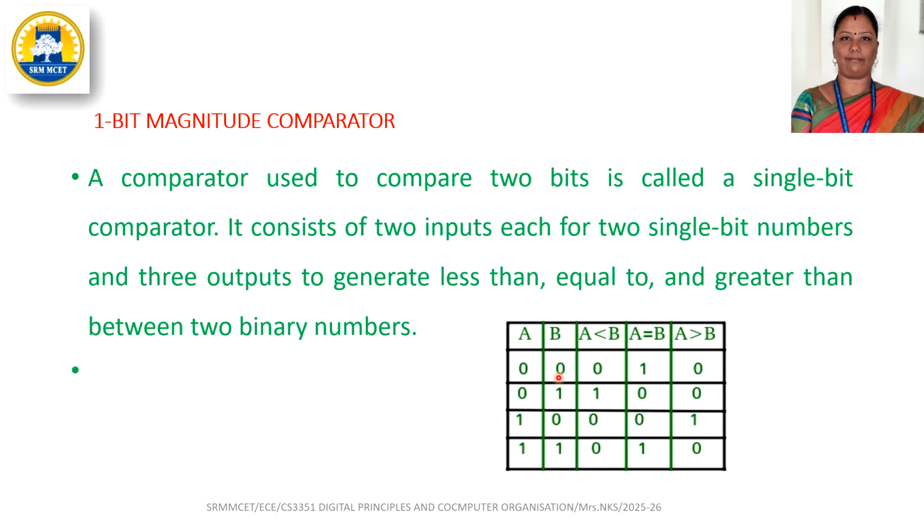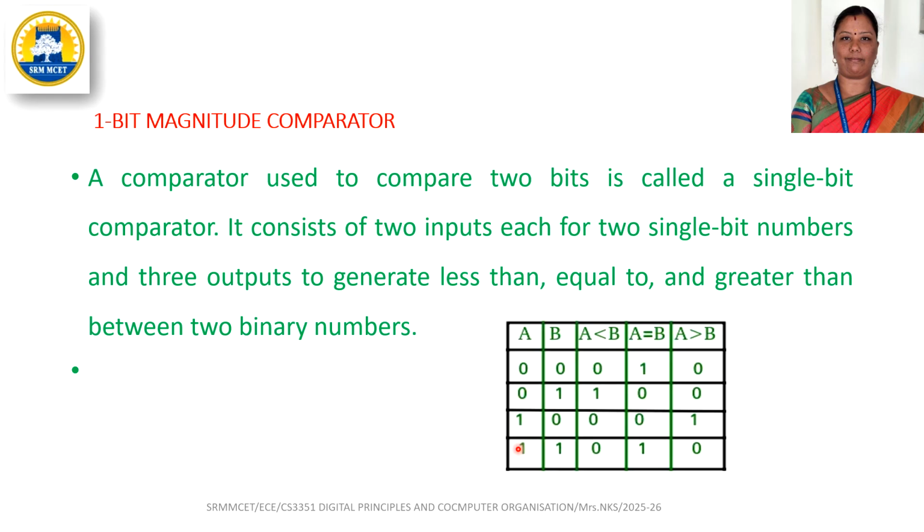In this case, A equal to B, so this output alone will be set as 1, and the other two outputs are 0. In the next case, A is 0 and B is 1. As we know, B is greater than A, so the A less than B output alone will be set as 1 and the other two outputs are 0.